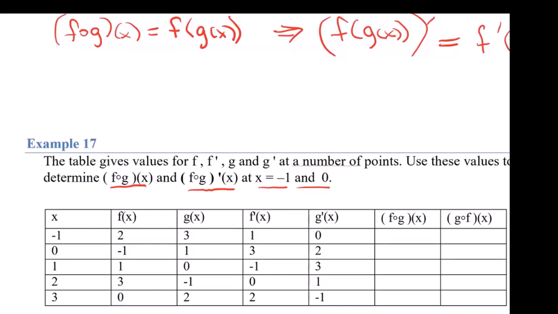Okay, so let's see what we can do here. f of g of x. Well, f of g of x is equal to f of, well, when x is -1, I'm going to use all these values first, right? But what goes in for g of x is 3.